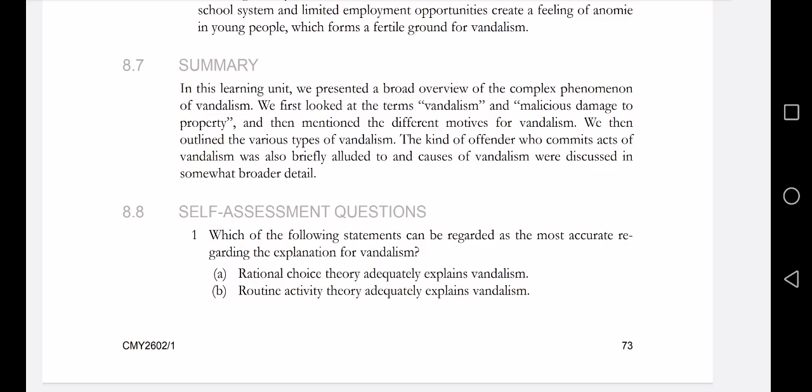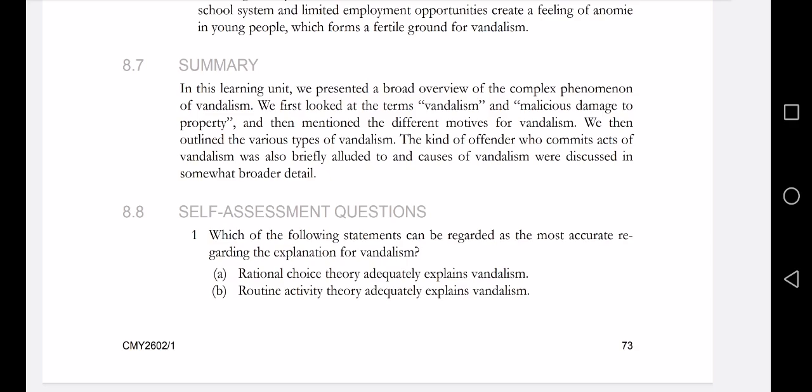Self-assessment outcomes. Self-assessment questions. Which of the following statements can be regarded as the most accurate regarding the explanation of vandalism? Rational choice theory adequately explains vandalism.